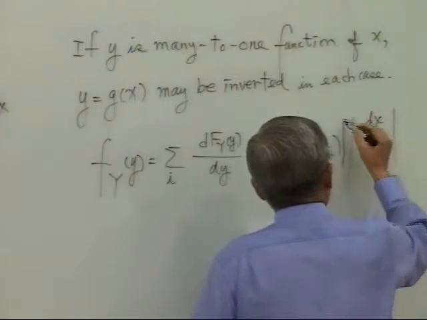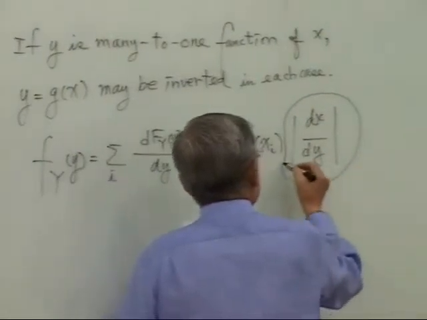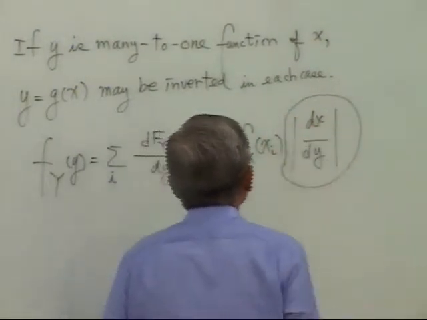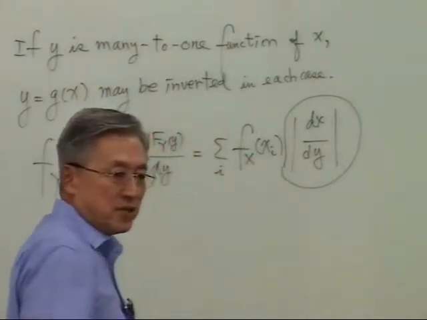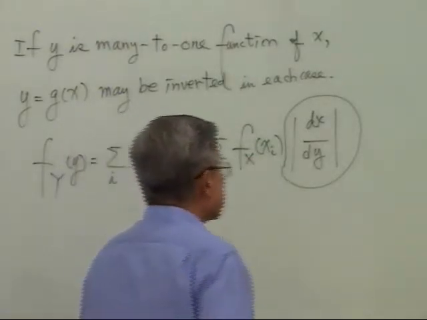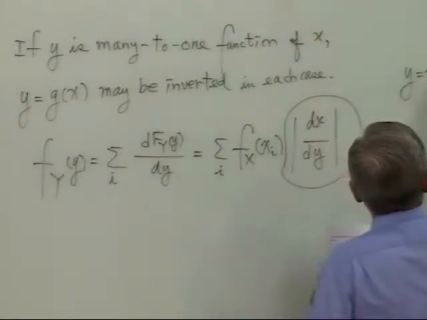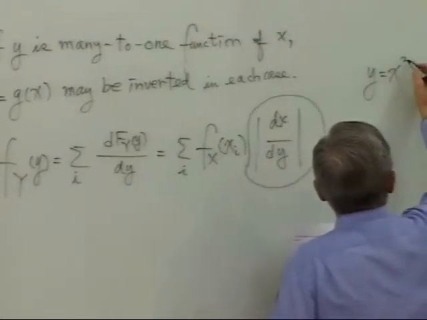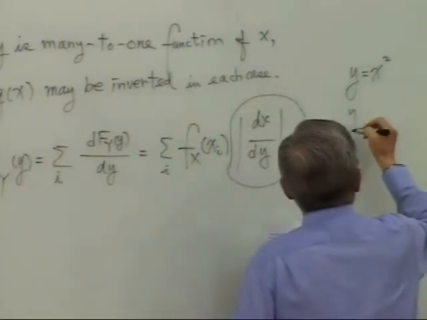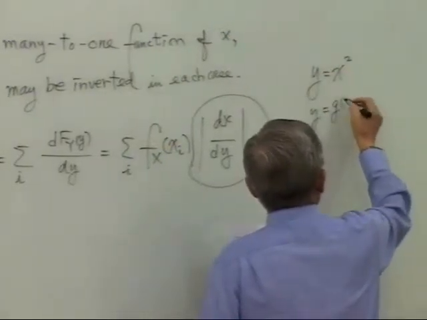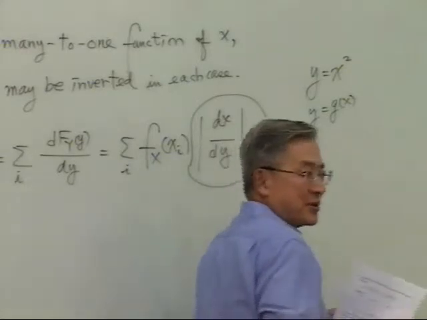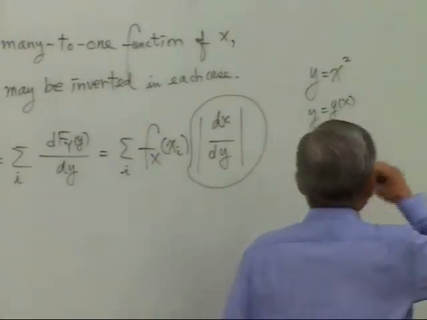So I'm going to rewrite this using the inverse of the function. The inverse of the function y is equal to x squared. So this is like g(x), no trick, very straight manipulation.